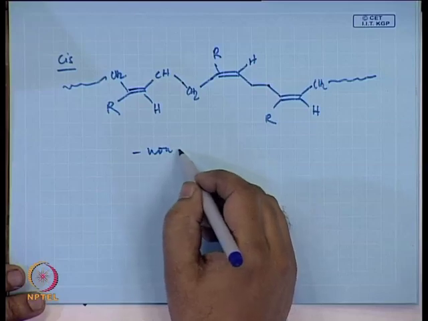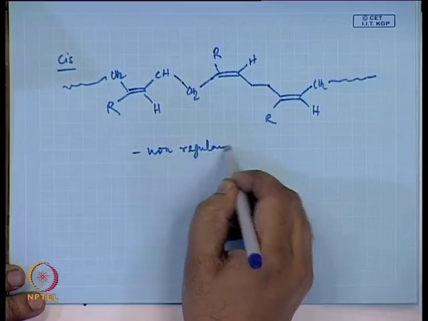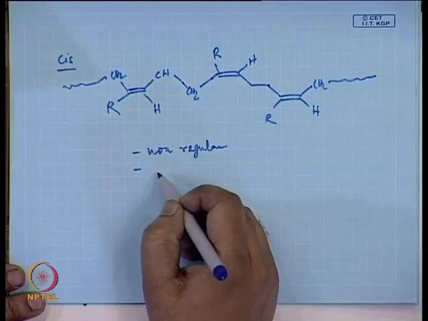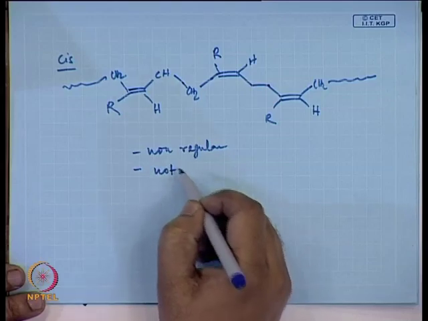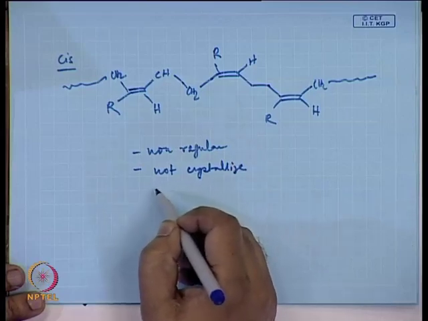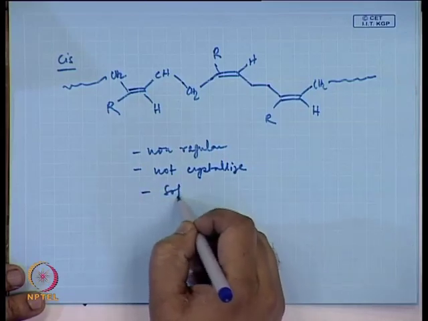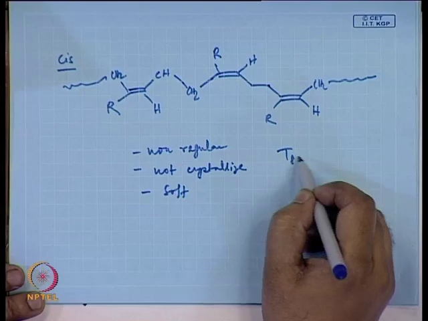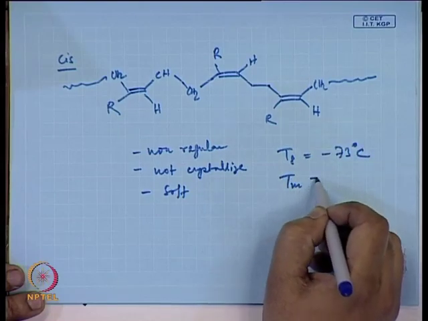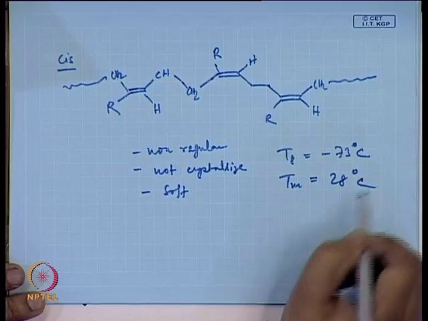It has a non-regular structure, so it does not crystallize. Hence, it is a soft material. Now, Tg for this is minus 73 C and Tm is 28 degree centigrade.